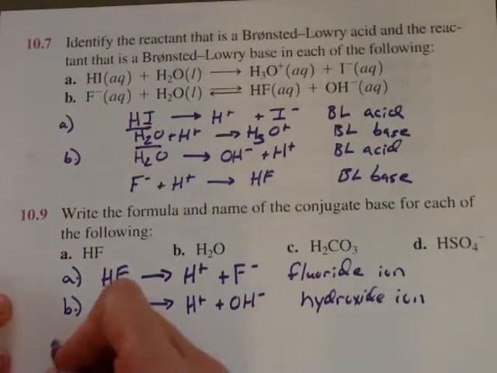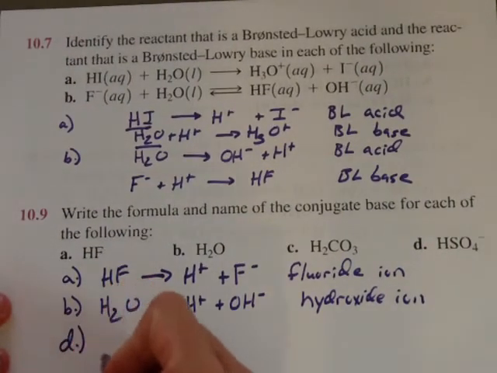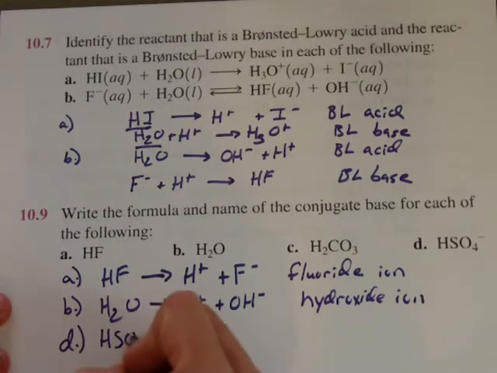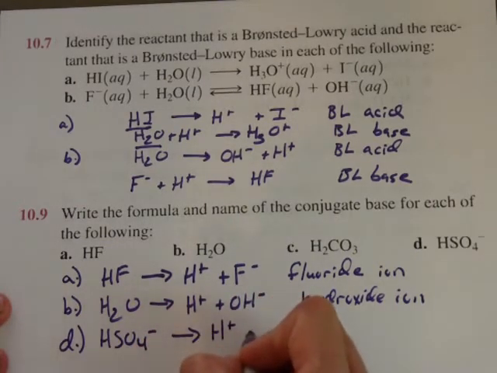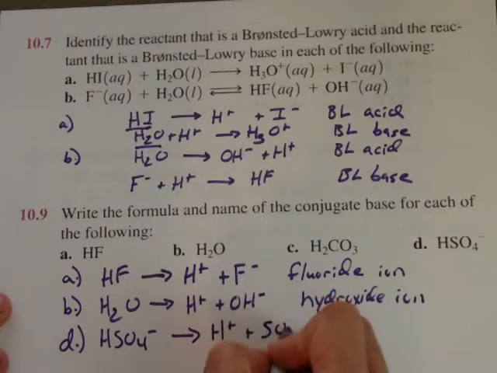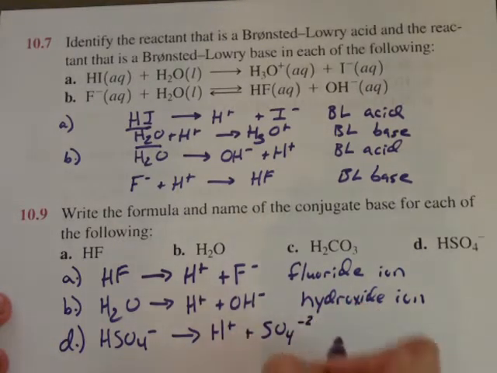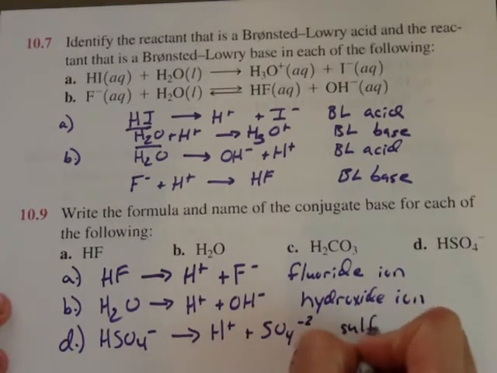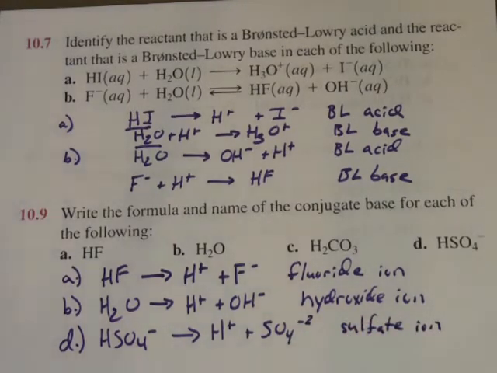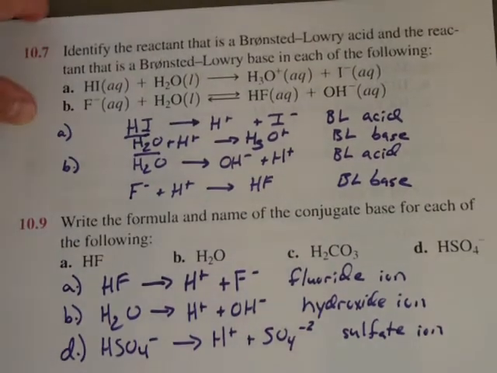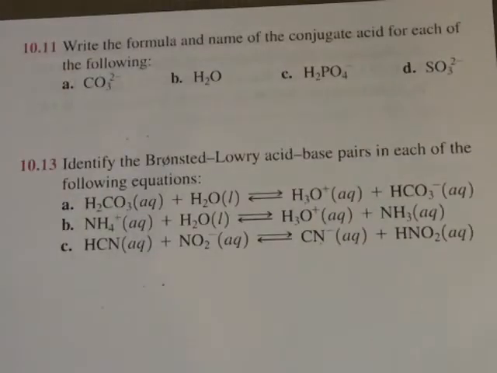Then we'll skip to D. D, HSO4 minus. If it loses an H plus, it's going to be left with an SO4 2 minus, and that's the sulfate ion. And so that's what 10.9 was asking us to do.